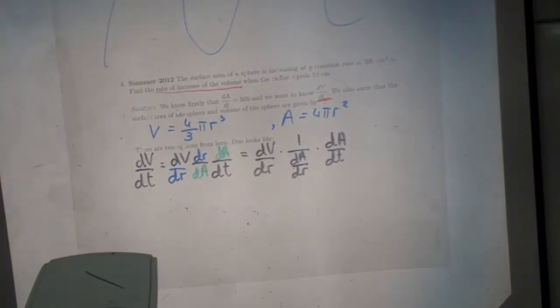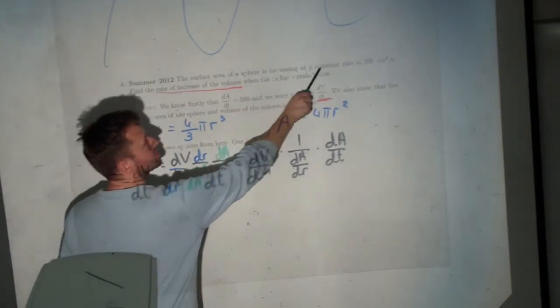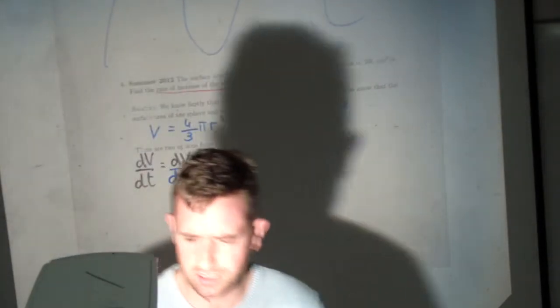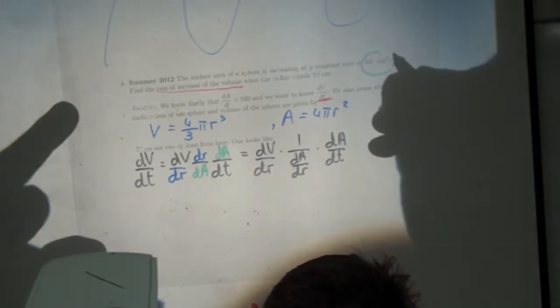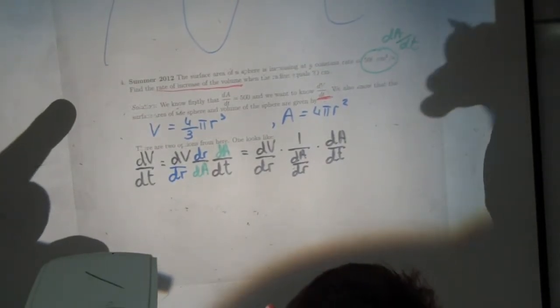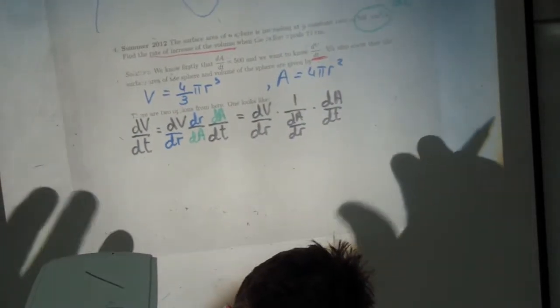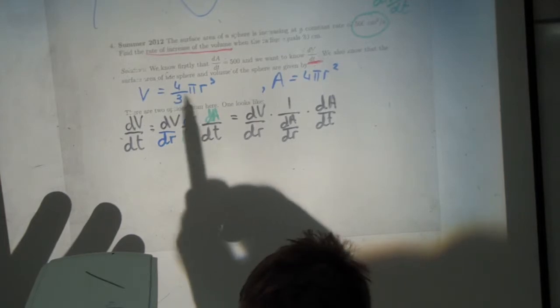And dV/dr no problem. 1 over dA/dr no problem. Do we know dA/dt? No, we're looking for it. No, oh, sorry, the area of the sphere is increasing at this rate, so this is dA/dt. Right, so we've already differentiated this a few times.